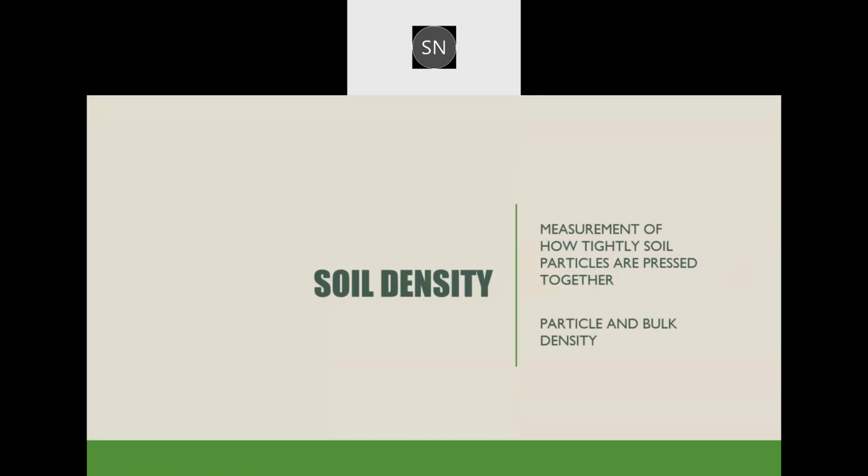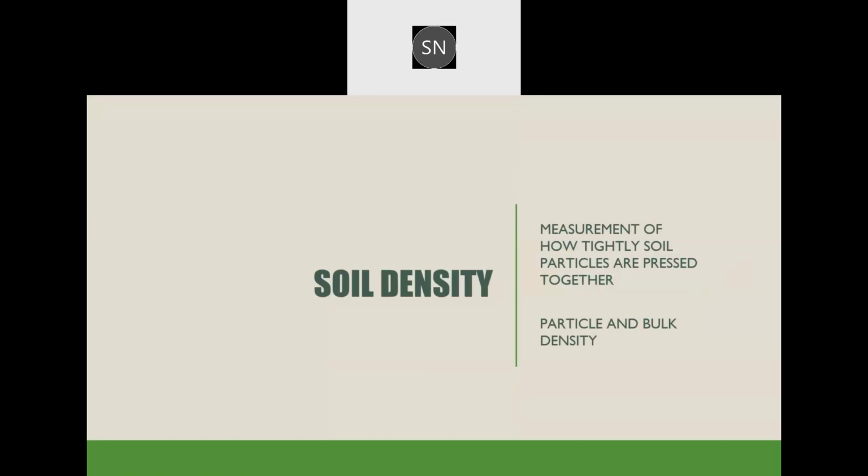Then we have soil density. Class, you have to remember this is a revision class. Let's quickly go through all the slides here. Those slides that I feel are not important, I just skip. In soil, we will calculate two types of density, that is particle density and bulk density.